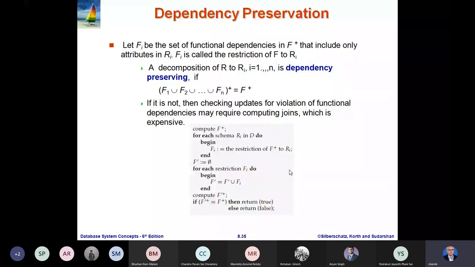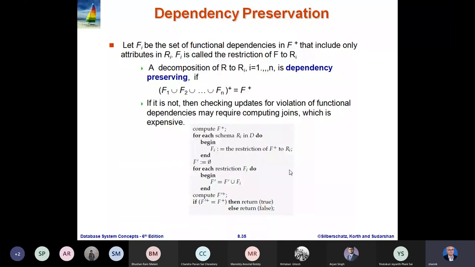We get the set of functional dependencies in F plus that include only attributes in Ri, so Fi is the set of FDs that include only attributes in Ri. Whatever is related to Ri, we look at that. Fi is called the restriction of F to Ri. And a decomposition R1 to Rn is dependency preserving if the closure of the union of the Fi's is the same as the closure of F.